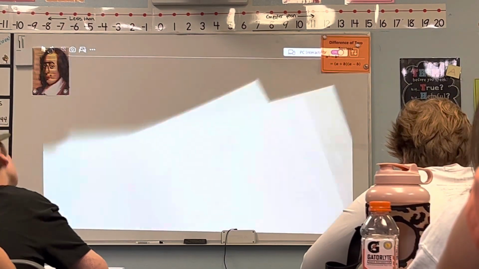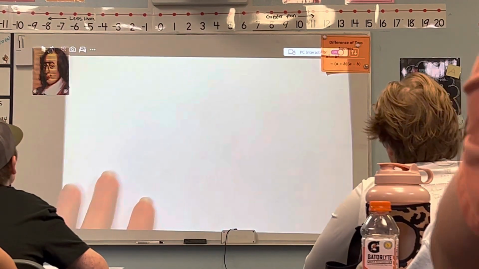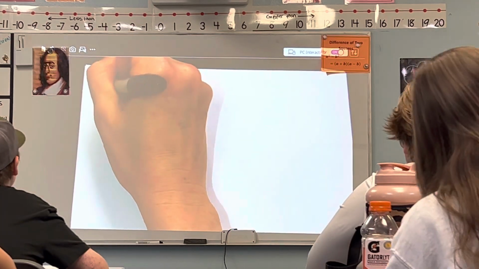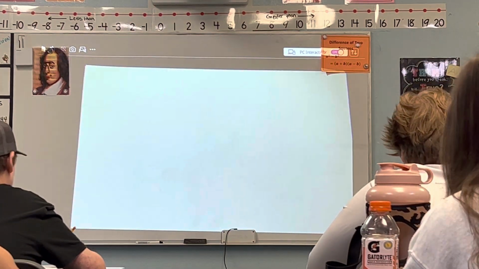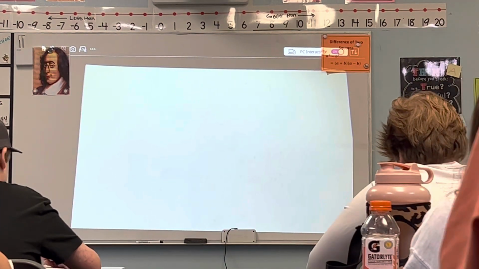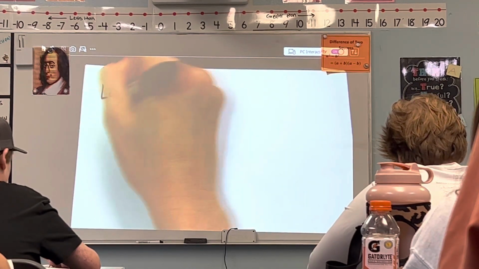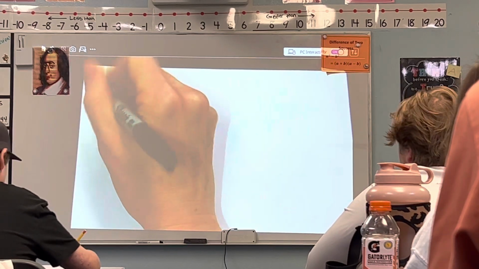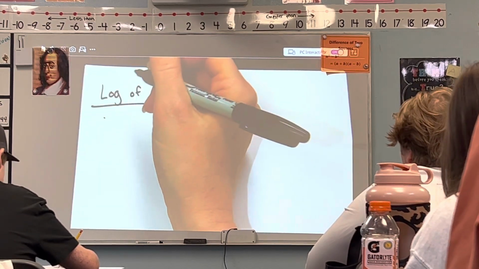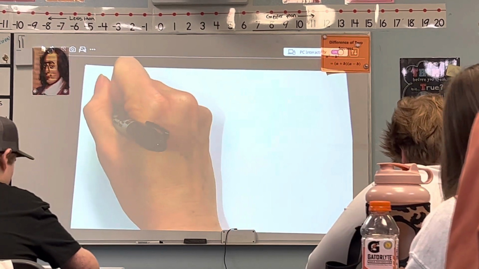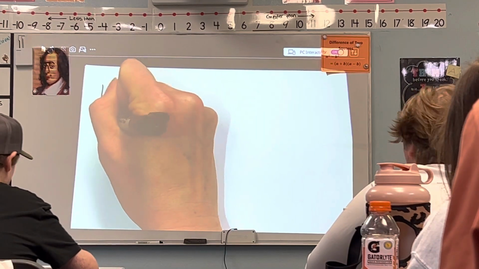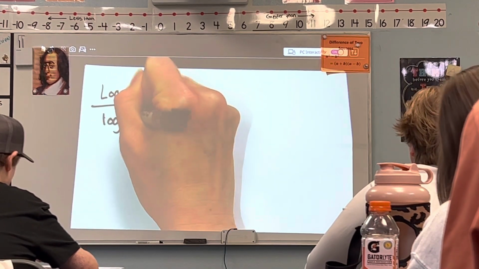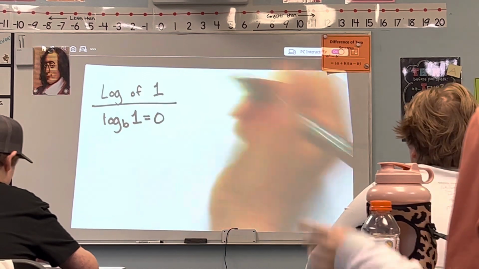Log base b of 1 will always equal 0. Okay?